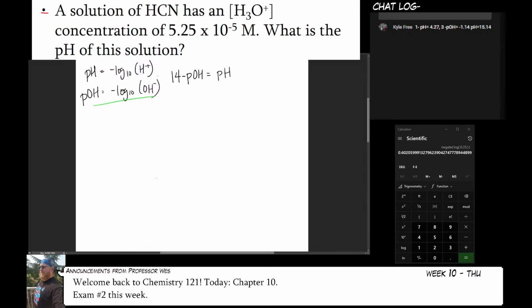All right, so if I want to figure out what the pH of this is, that'd be negative log of 5.25 times 10 to the minus 5. And what does that equal when I punch that in my calculator?